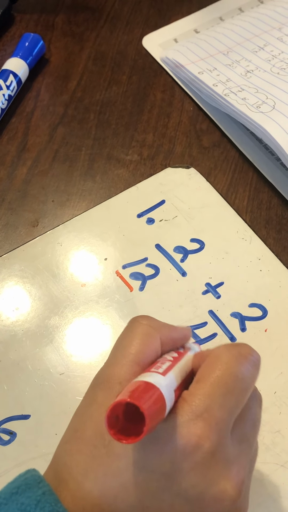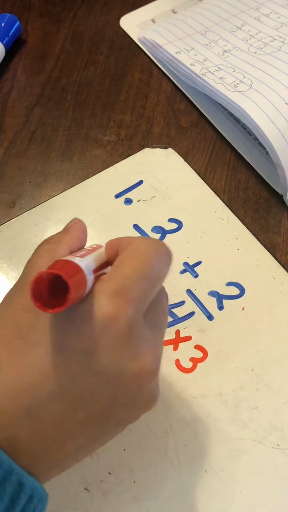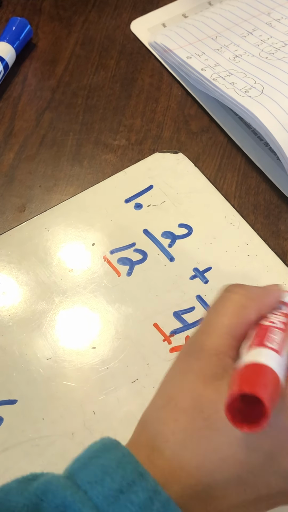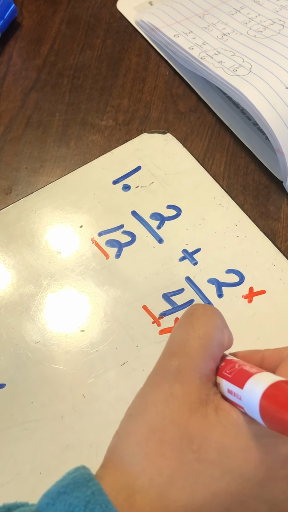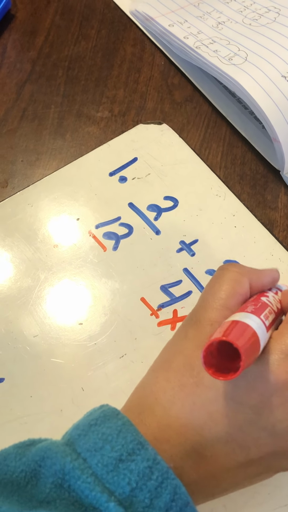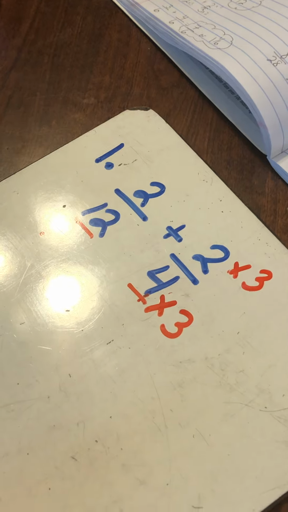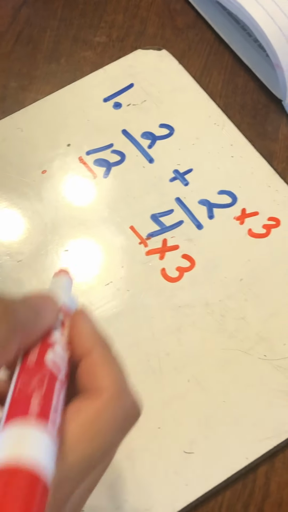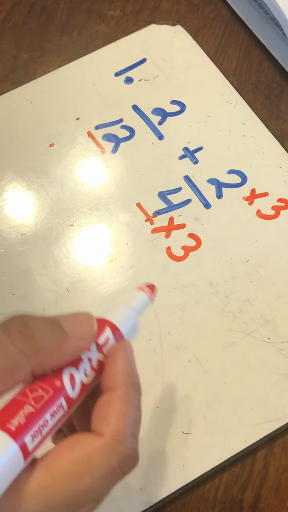I know that 4 times 3 equals 12. Now, if I multiply my denominator by a number, I also have to multiply the numerator. I can't just change one. I have to change both.